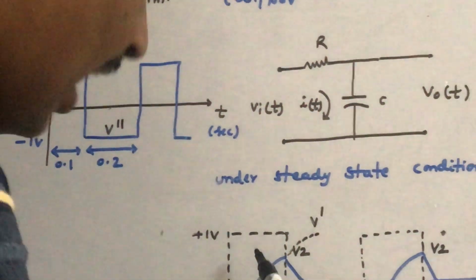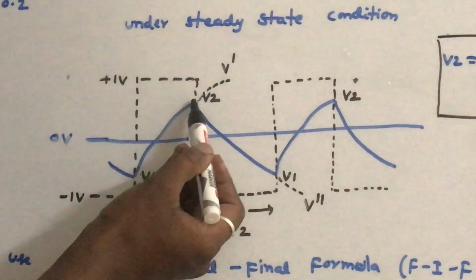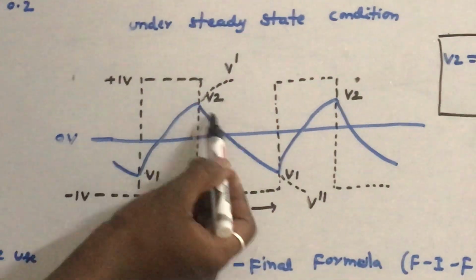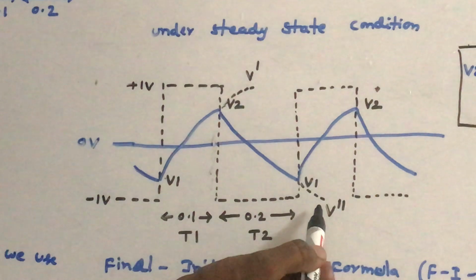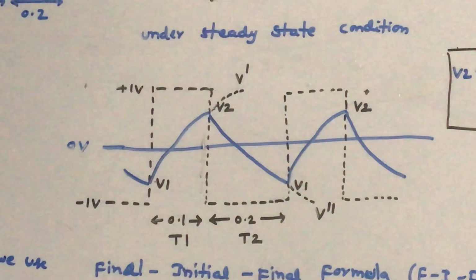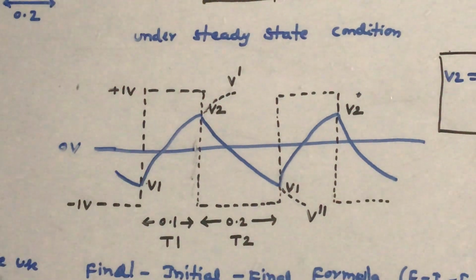Remember that. Actually it settles down to V2, but it actually charges to 1 volt. Similarly, it has to discharge to finally minus 1 volt, but it settles down to V1. So these things are very, very important in this formula.